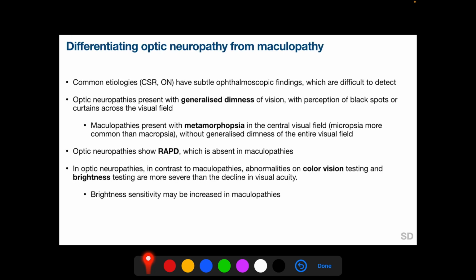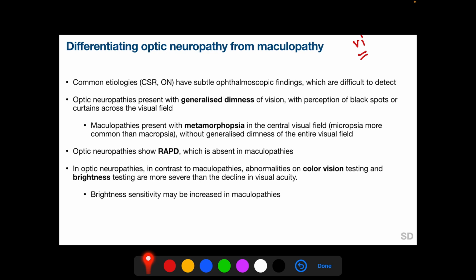Now coming to the last section of this session, how to differentiate optic neuropathy from maculopathy, and this is an important topic. Common etiologies may have subtle ophthalmoscopic findings, as we have discussed, which are difficult to detect and differentiate.